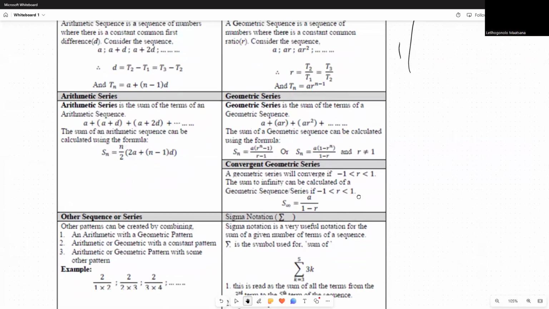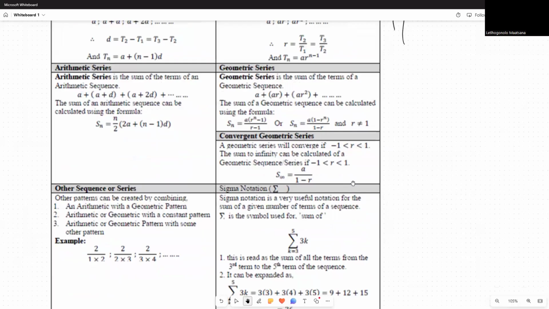Then we have your convergent geometric series. Convergent just means that regardless of how many terms you add together, the value seems to be going towards the same value. It doesn't change, because the terms are constantly getting so small that they don't make a big effect to the total sum.